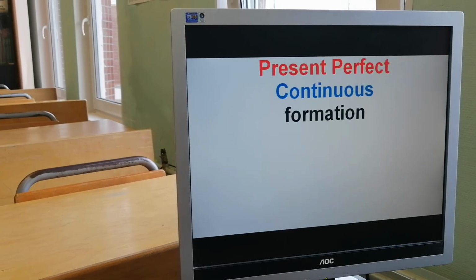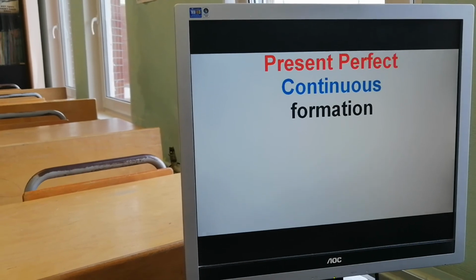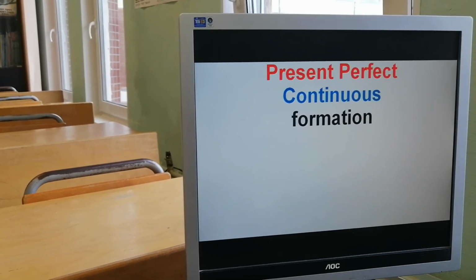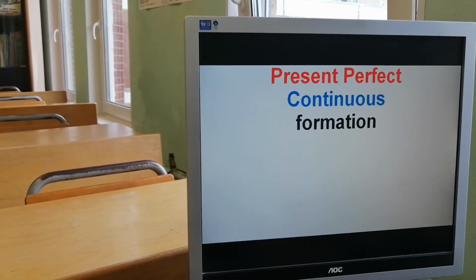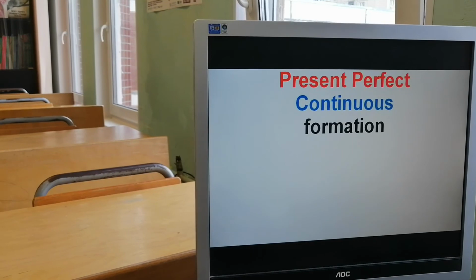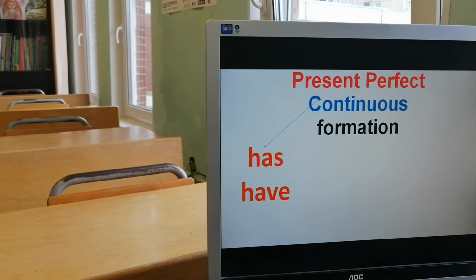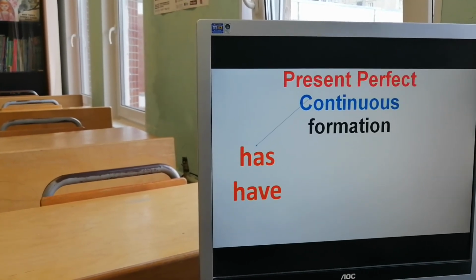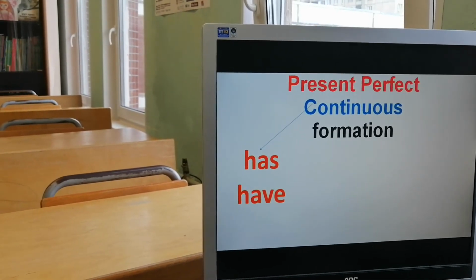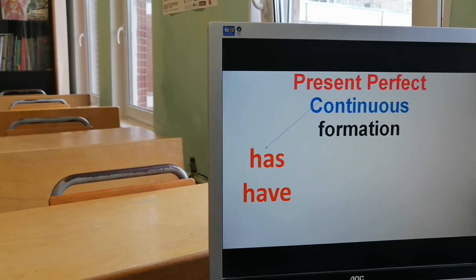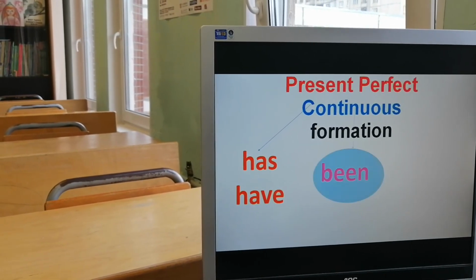That's it. So, now to formation. Because it is present perfect, what auxiliary verb do we use? We use have or has, right? Because it is continuous, we should use the auxiliary verb be, right? But because it is perfect, we should put this verb be in the 3rd form, which is been.